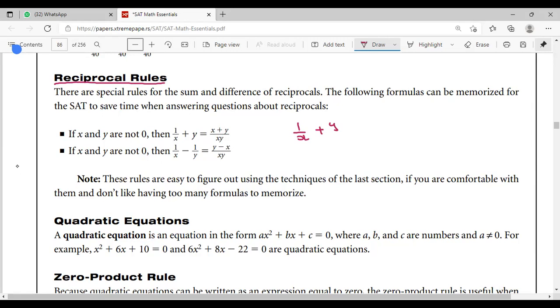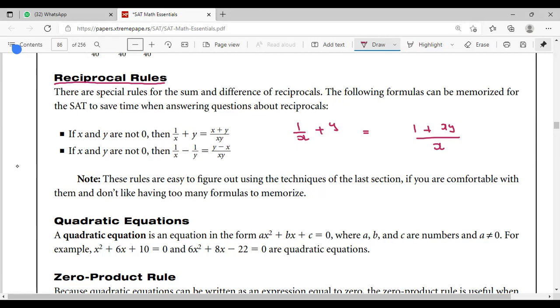So we will have 1 plus, x would be the LCM, and you will have 1 plus xy. So if x and y are not 0, then 1 by x plus y is x plus y divided by xy.